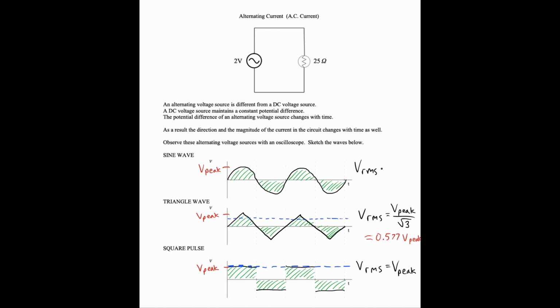For a sine wave, the formula is V peak over the square root of 2, which turns out to be approximately 0.707 times the V peak.